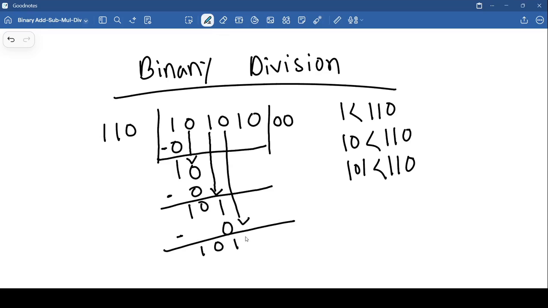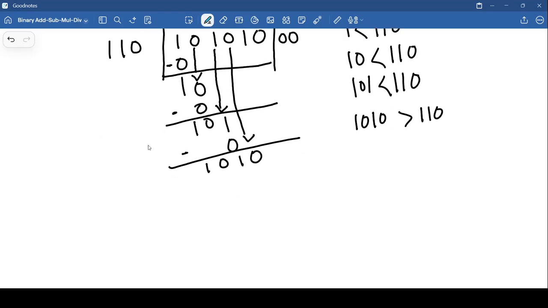The fourth number is 0. Okay, but now 1010 is greater than 110. So now we'll put 1 1 0 here, and the quotient digit is 1. Sorry, this 0 is here 0, and this 0 is here 0.